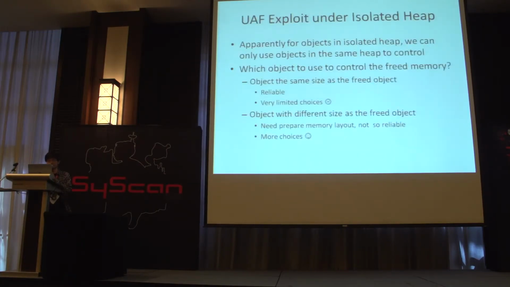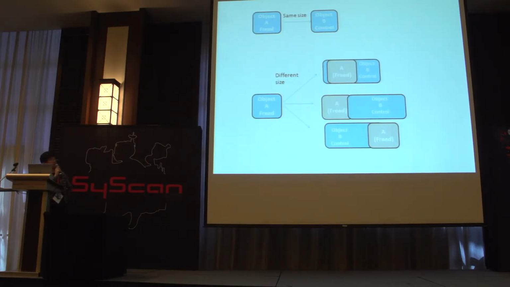As you can see in this picture, the first method is reliable because both of the object sizes are equal, but if you use the same size object, the number of objects we can use is limited.